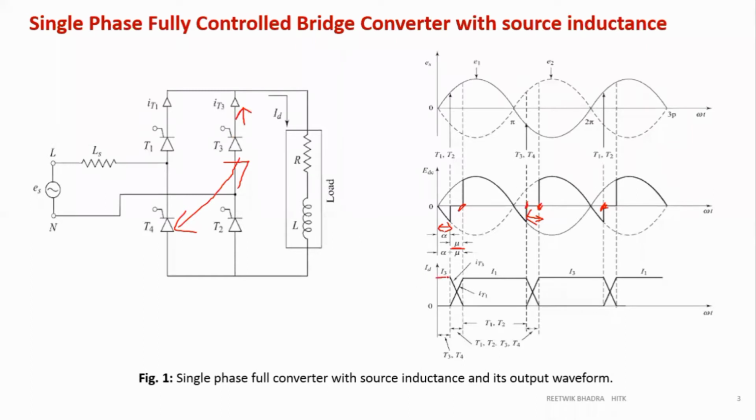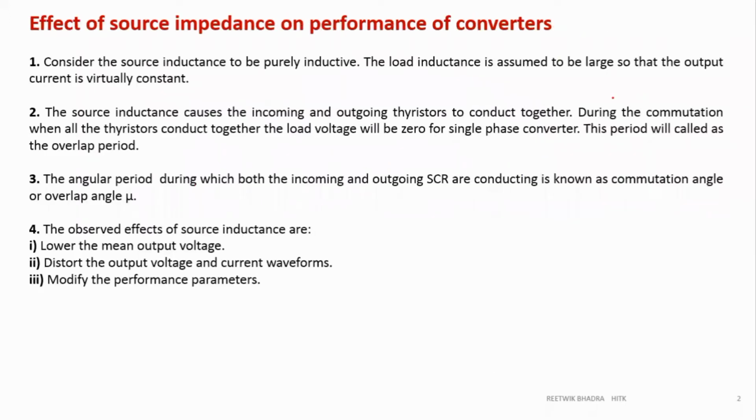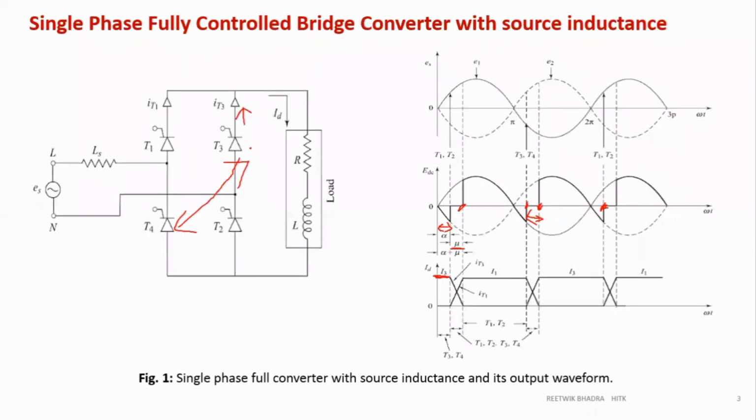And the complete circuit is a series circuit, so IT3 will be equal to your ID, and we had already taken the consideration over here that load inductance is assumed to be large so that the output current is virtually constant. So if ID is constant, IT3 will also be constant. That's why we are getting a straight line over here.